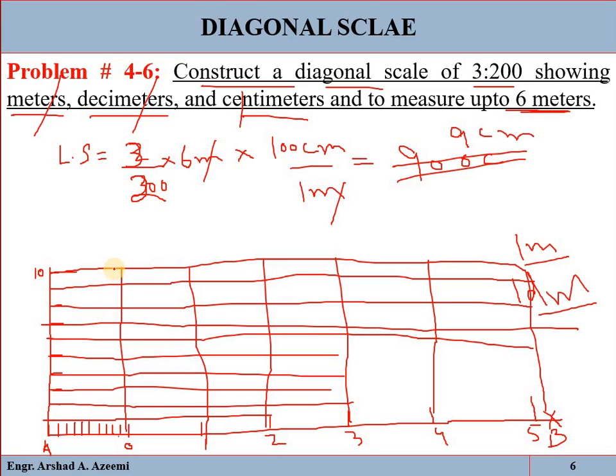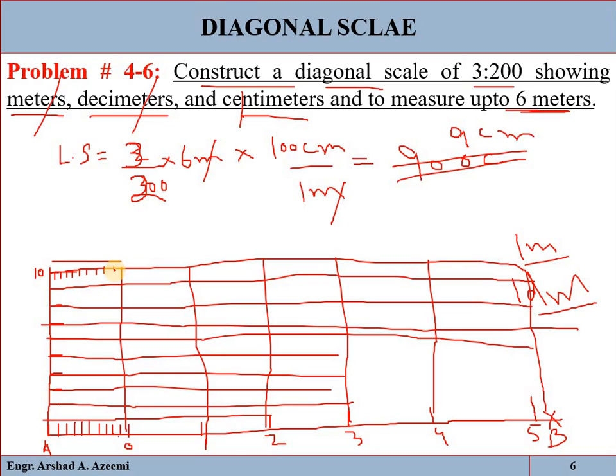Divide again; this is OA, so it will be equal to this distance. Divide it into 10 equal parts: 1, 2, 3, 4, 5, 6, 7, 8, 9 and 10.